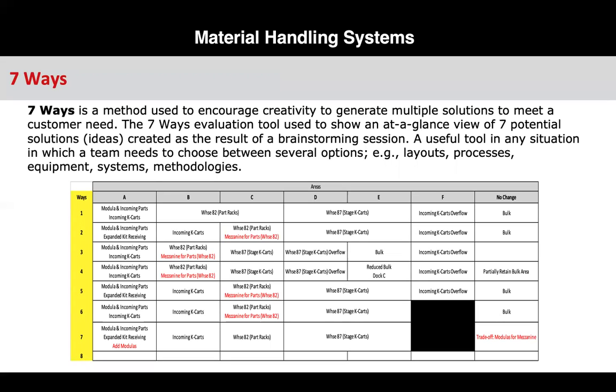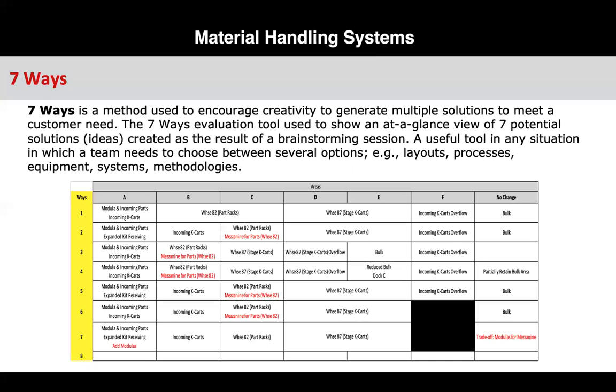The 7 ways evaluation tool is used to show at a glance 7 potential solution ideas. You typically create it by brainstorming. It's a useful tool in a situation that needs a team to choose between several options. It's a wonderful tool when you're doing a new layout, looking at different processes, what type of equipment to buy, what kind of systems or methodologies to implement.